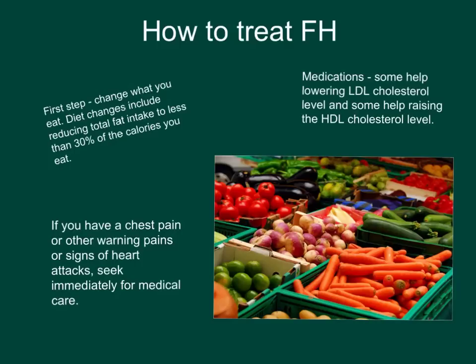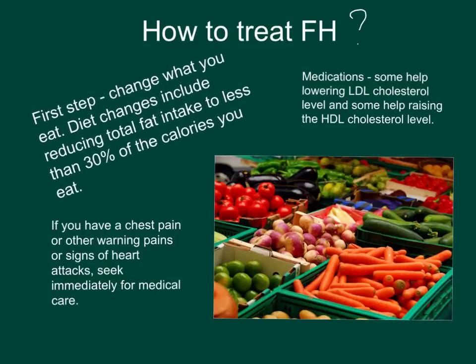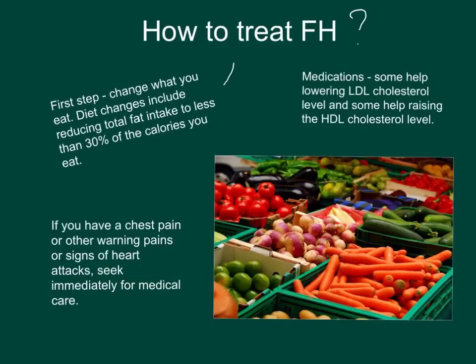So how to treat FH? Well, firstly, even if one member of your family has FH, you need to get tested as soon as possible. Then, the first step is to change what you eat. Diet changes include reducing total fat intake to less than 30% of the calories you eat.